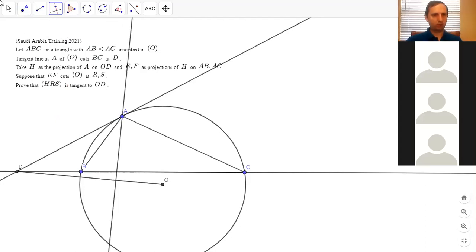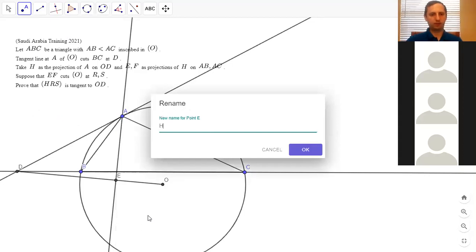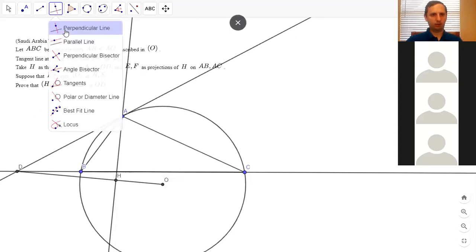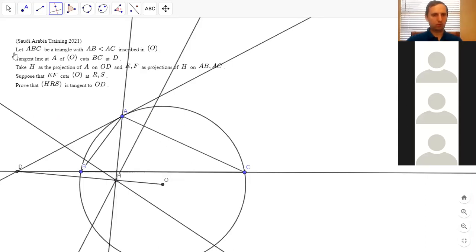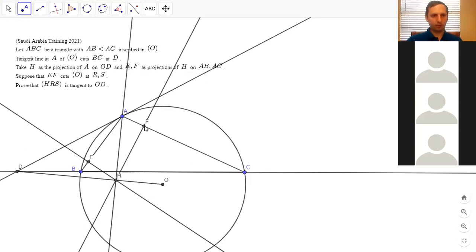Okay, so this is H. And then we take the perpendicular from H to AB and AC. Kind of looks a little like maybe poles and polars, I'm not sure. So this will be E and F. And then EF cuts the circle at R and S.